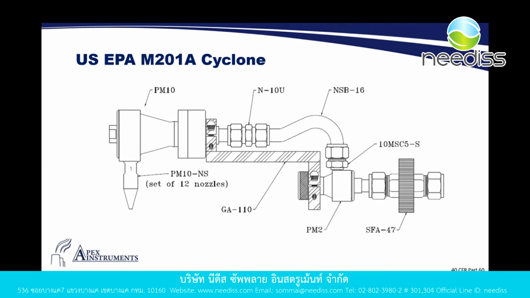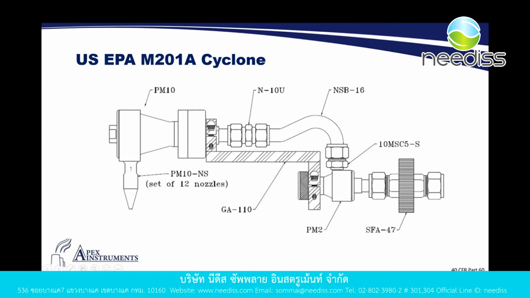So this is again a cross-section of all the individual parts that go into our 201A Cyclone. We have in basics our 12 individual nozzles here that we would select after our calculations. We have our PM10 Cyclone here.